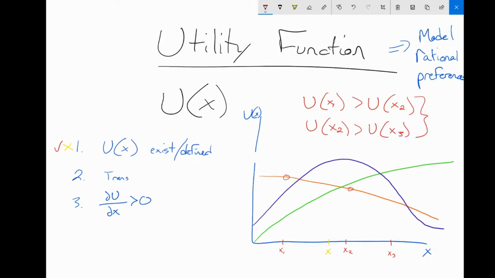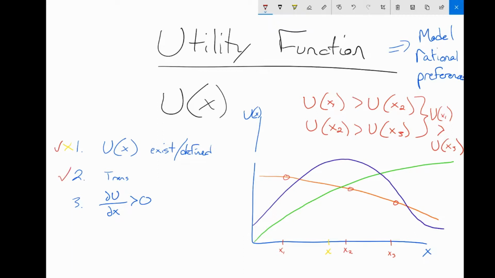This implies that the utility of x1 is greater than the utility of x3. Is that the case here? Yes. Okay, so this transitivity should be satisfied anytime the function is what we would call monotonic. That means it's always changing in one direction, so it's satisfied here.